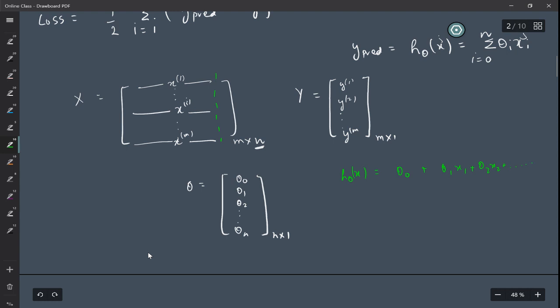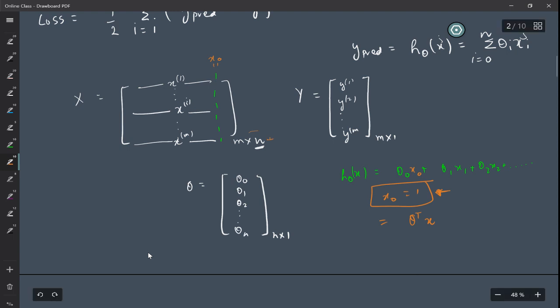So I am introducing x naught, which is always 1. If we want to write this equation in the form of theta transpose x, then we should have an x naught which is always equal to 1. So in every example I'm going to introduce an x naught which is always 1, so that will increase the size of my matrix by 1.